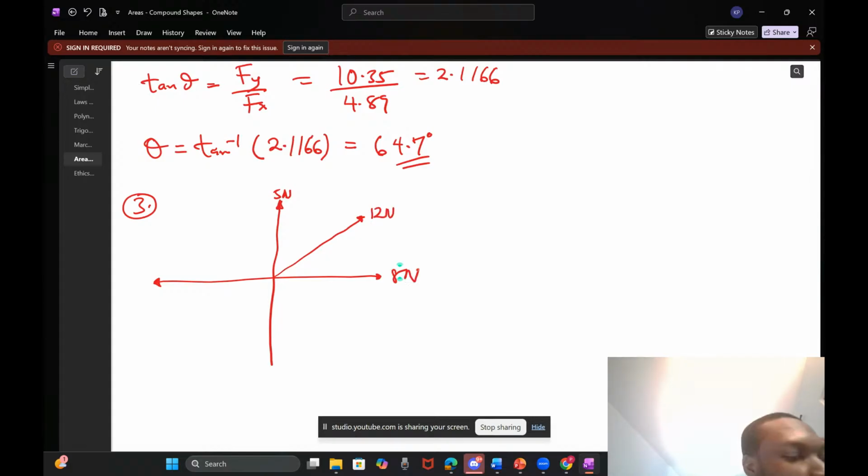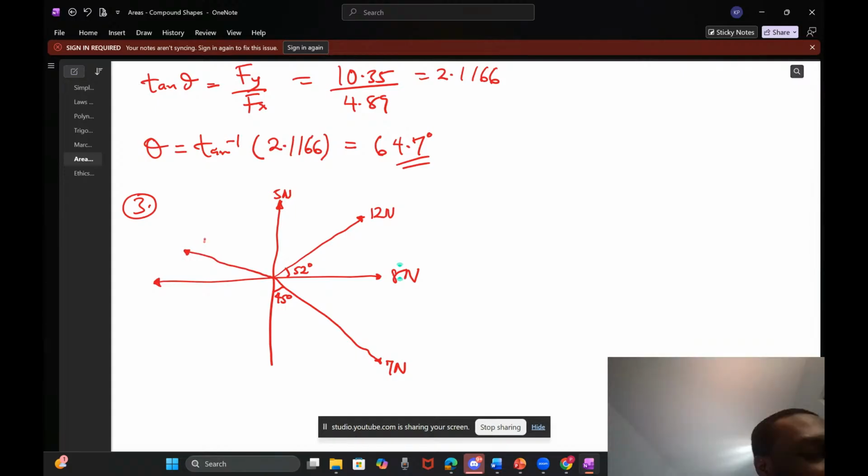This is 8. This is 52 degrees. This is 7 Newton. This side is 45 degrees. This is 5.5 newtons.